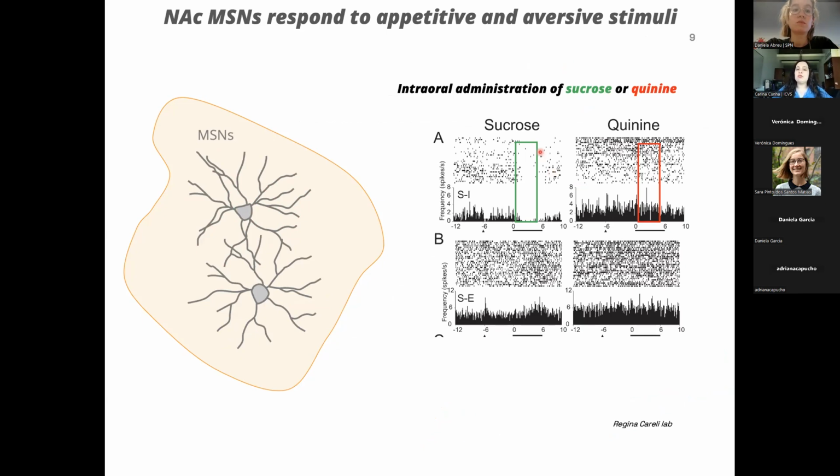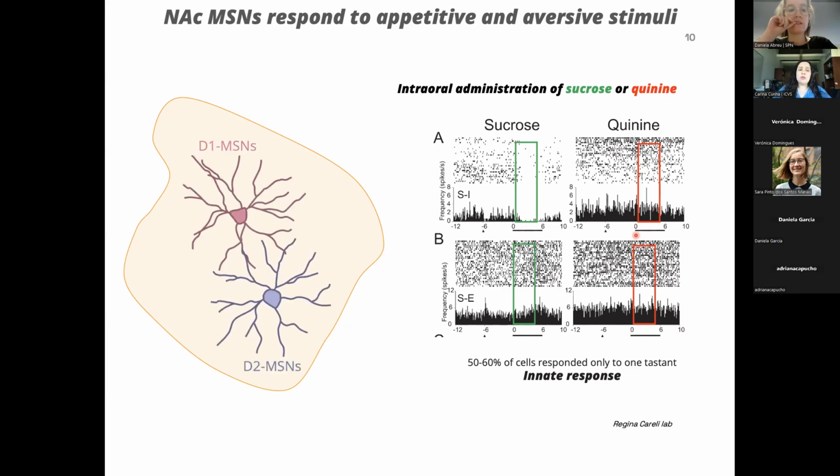Classical studies have shown that intraoral administration of either appetitive stimuli, for example sucrose, or aversive stimuli such as quinine, which is bitter to the animal, so it really doesn't like it, shows that medium spiny neurons, not identified as D1 or D2 positive, respond to appetitive stimuli by decreasing activity and to aversive stimuli by increasing activity in the nucleus accumbens.